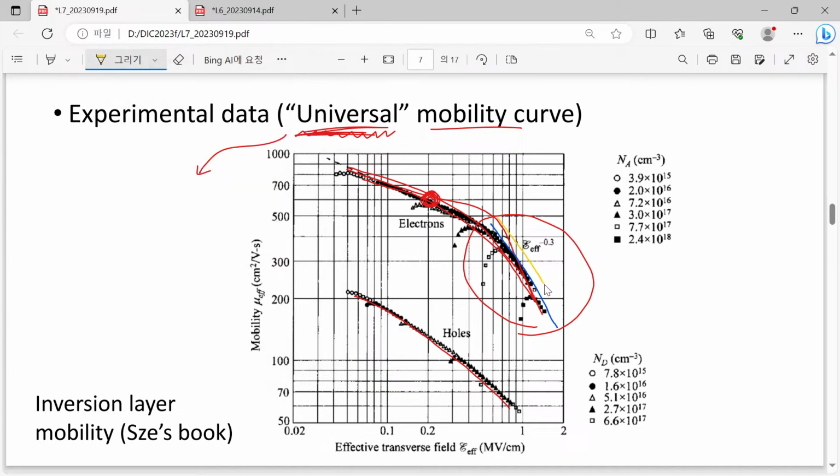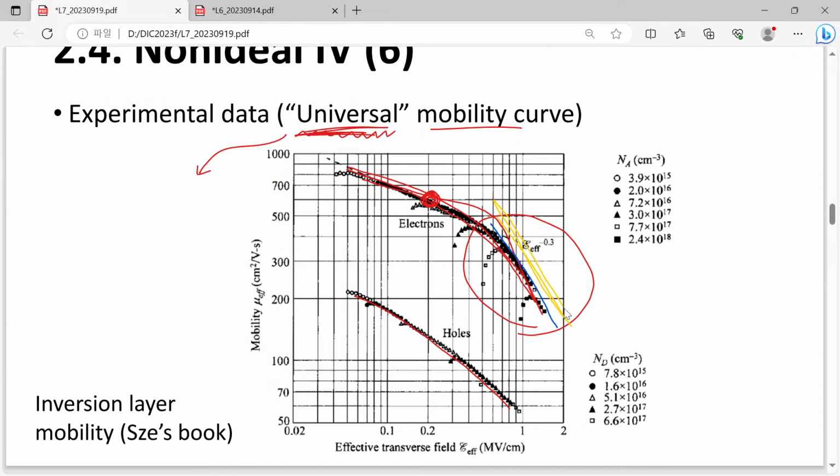The electron has this steep rollover. And how about here? For the same electric field, for example 1 megavolt per centimeter, how about your hole graphs?